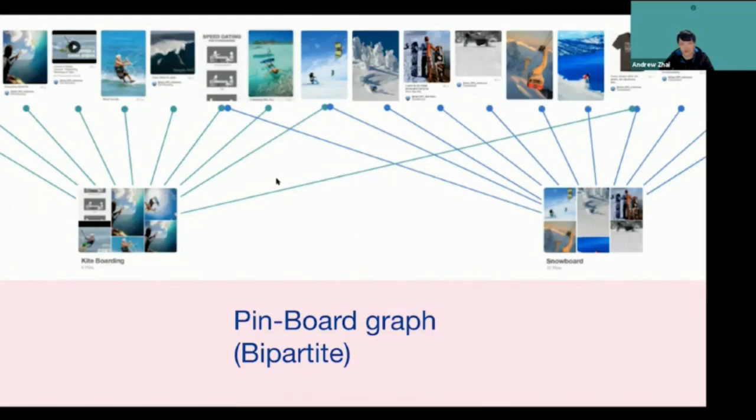For example, we have kiteboarding and snowboarding. The same content put into these 2 boards has a stronger prior of meaning, for example, outdoor sports. If you think about this relationship at scale, billions of pins and billions of edges, that's a really powerful relationship that helps us understand content better. Our hypothesis is that the graph is quite important to understand content.